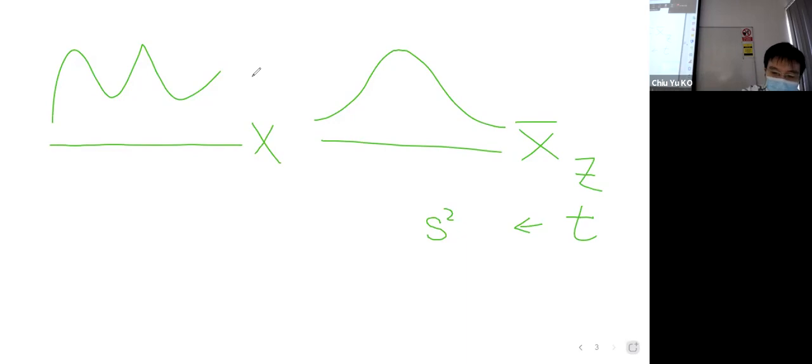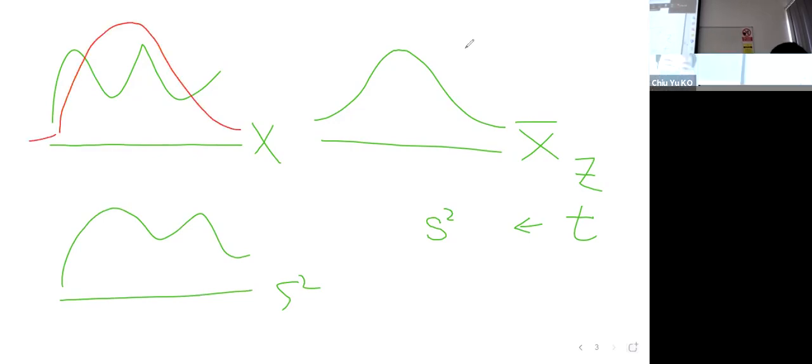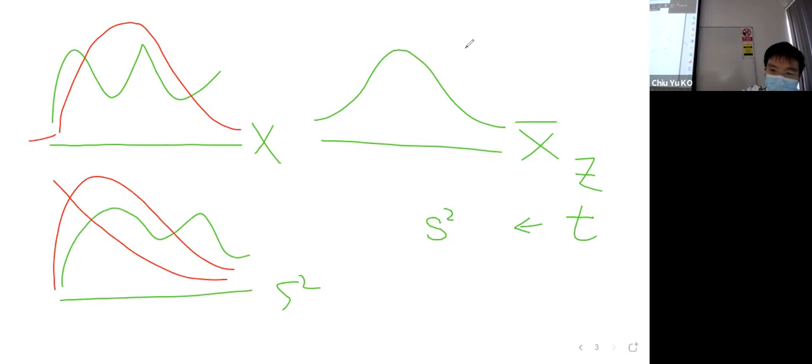But when you look at the variance, what is this guy? What does it look like? We don't know. But if we are able to assume this is normal, then it looks very nice: chi-square is like this or like this, depending. And you get the ratio of these two variances. This is a nice F.